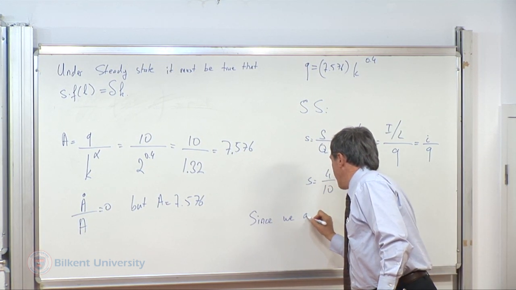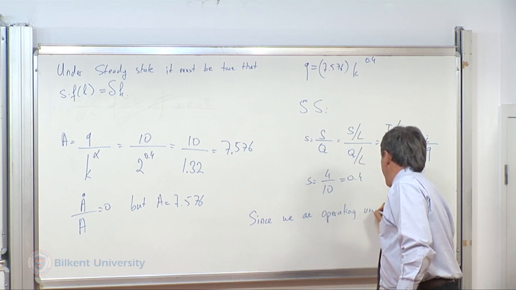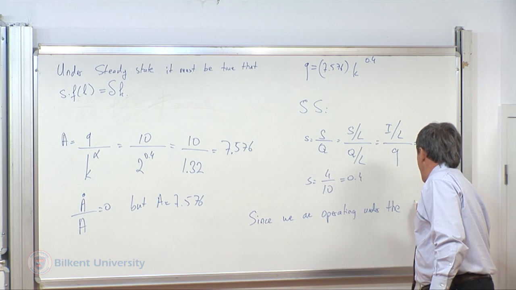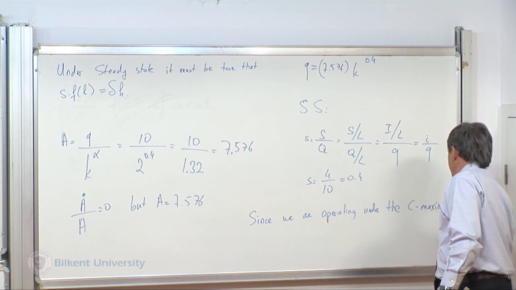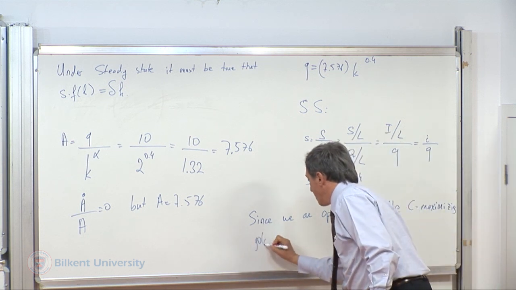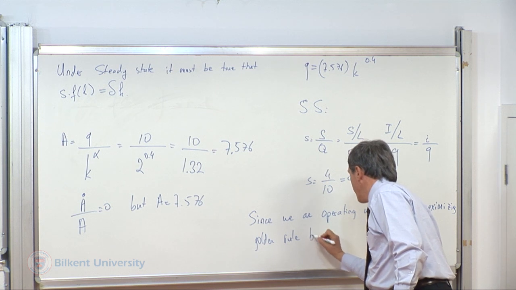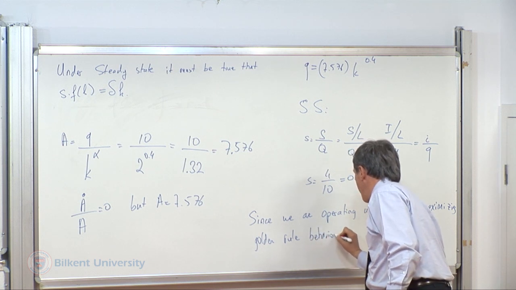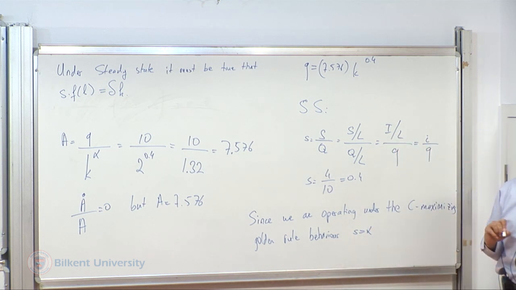since we are operating under the consumption maximizing golden rule behavior, saving rate must have been equal to alpha.